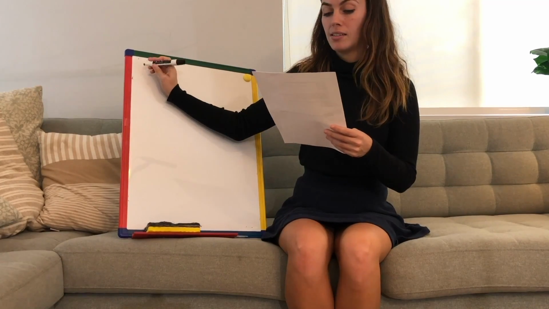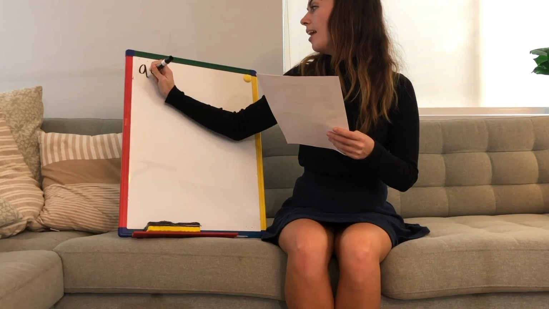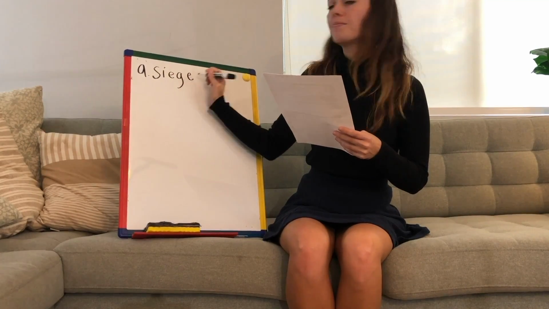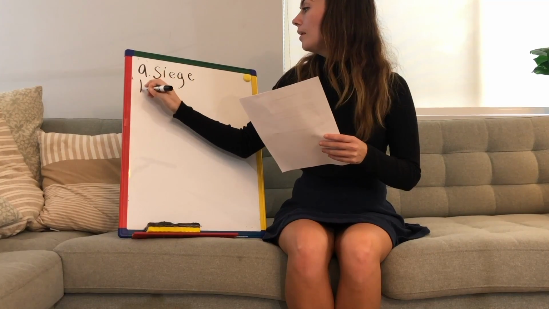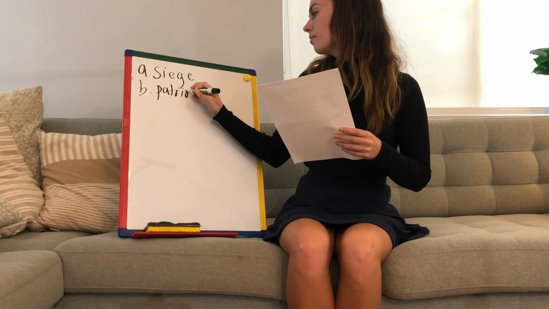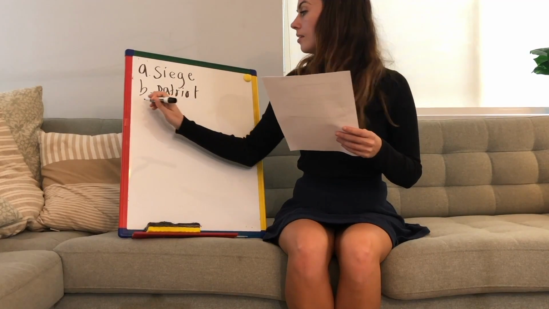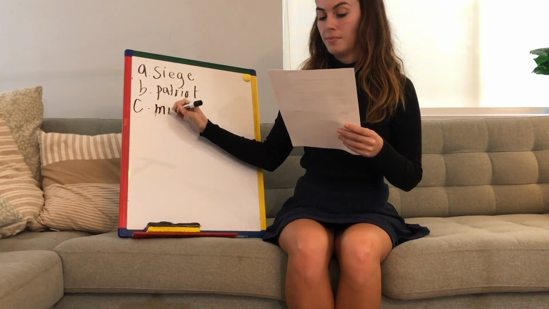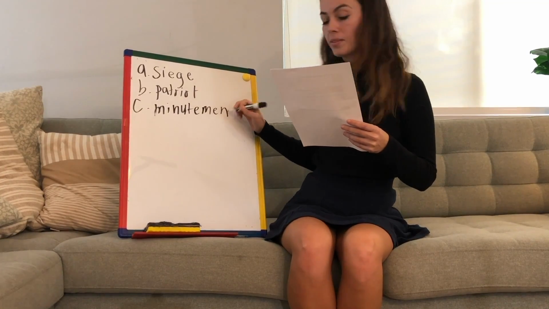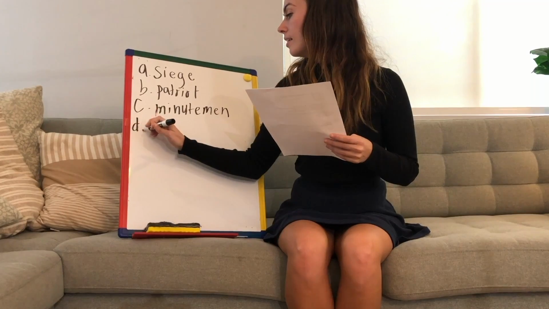So we've got the terms. A will be siege. B is patriot. C, Minutemen. D is Tory.